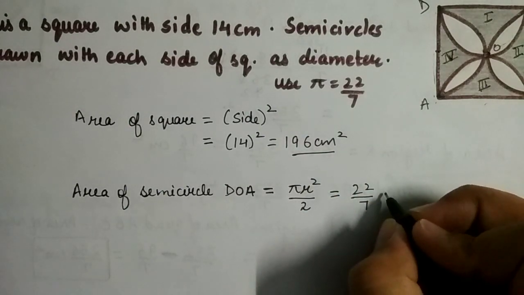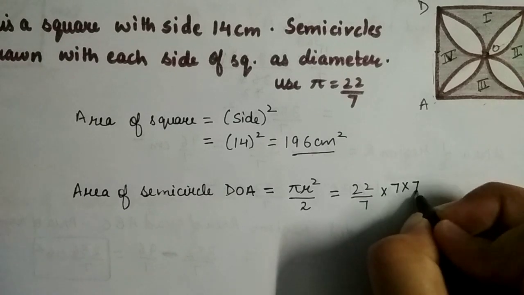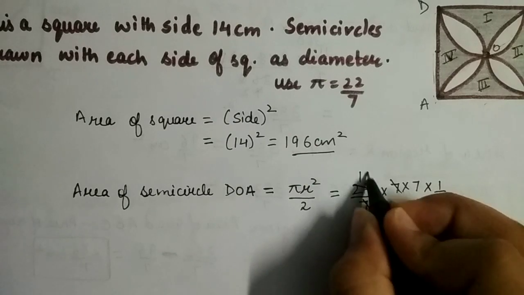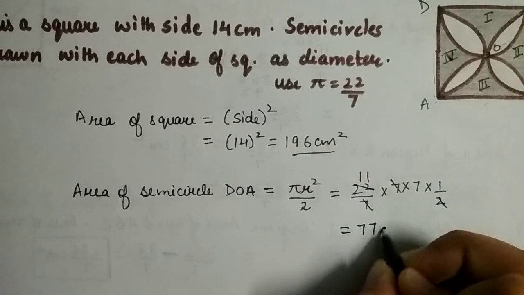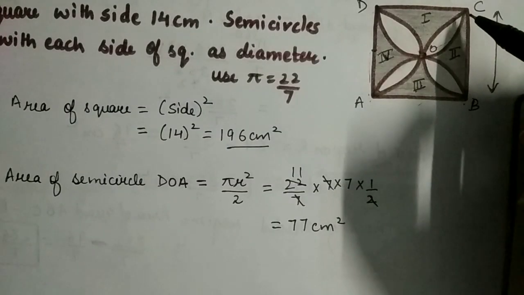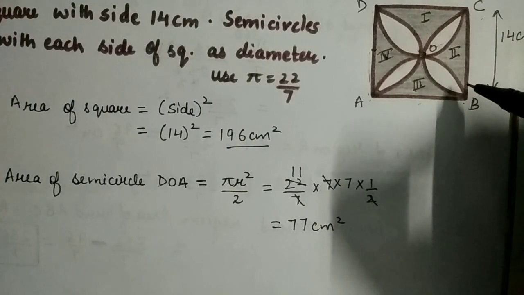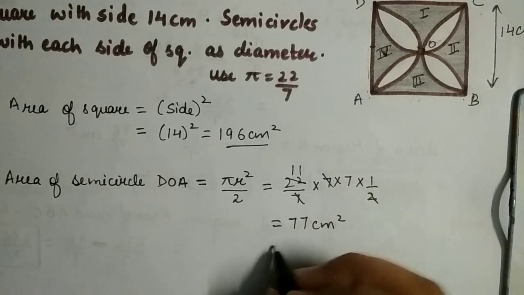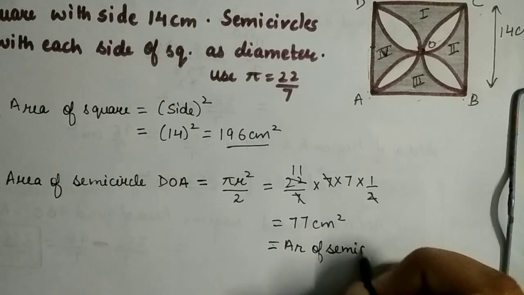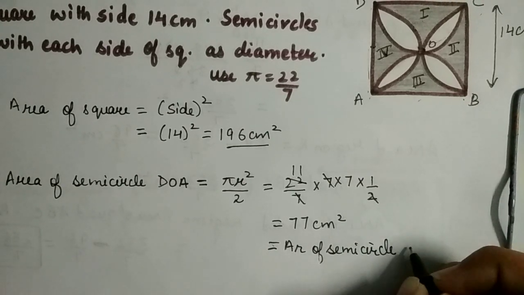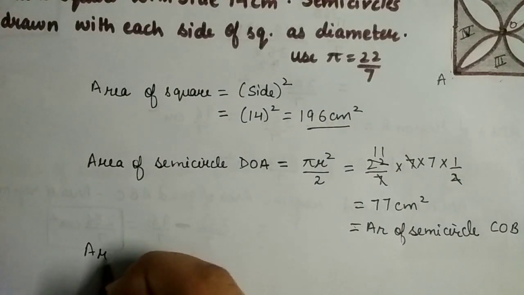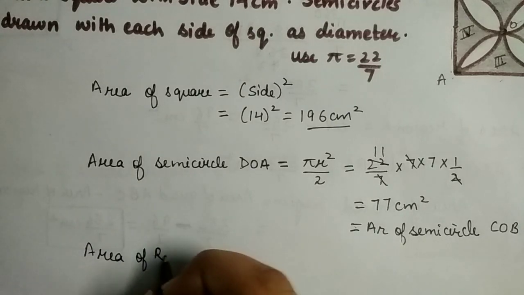So we are using 22 by 7 into 7 into 7 into 1 by 2. So 77 cm square is the area of semicircle DOA. Similarly, the area of semicircle COB will also be 77 cm square because the radius is the same.